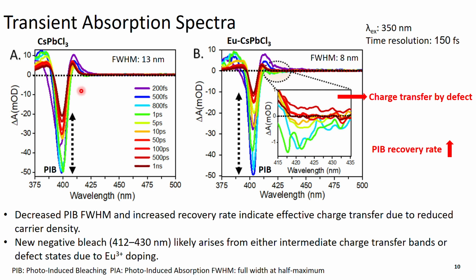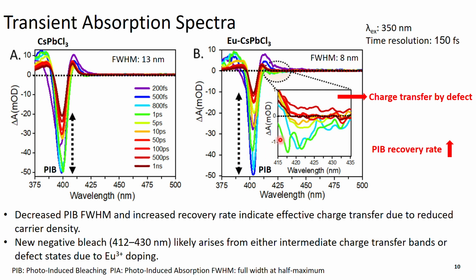One, we can see this PIB signal. In these two systems, the PIB signal recovery rate is different. In the doped perovskite nanocrystal, the recovery rate is faster. We can see at the same time, the PIB signal of the doped nanocrystal is at this level. So we can see it has a faster recovery rate.